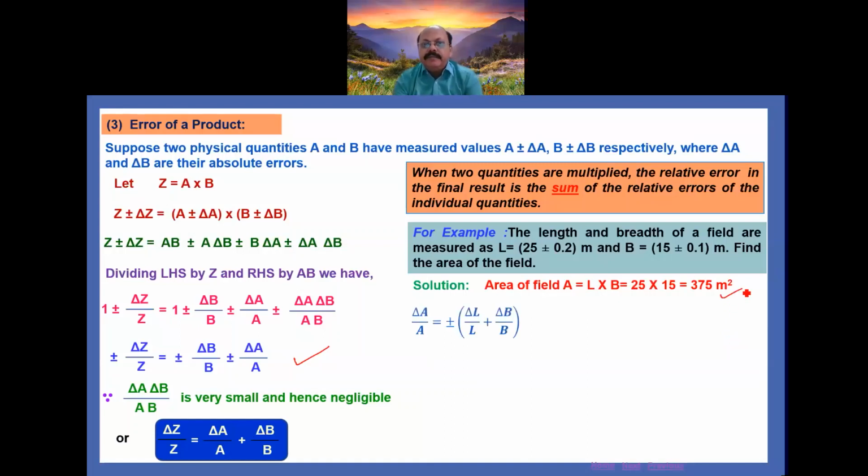Then find out the relative error, that is delta A upon A equal to plus minus within bracket delta L upon L plus delta B upon B, and delta L is 0.2 meter and delta B is 0.1 meter.